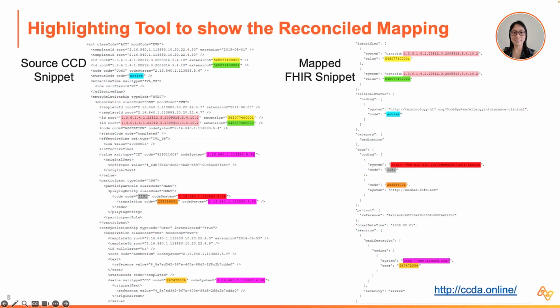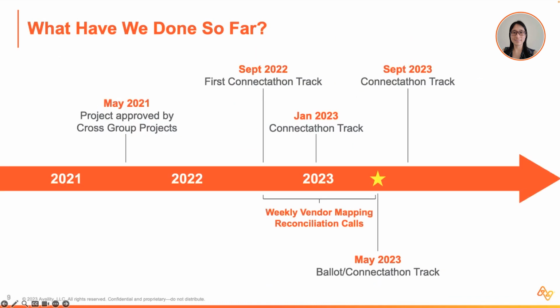The next slide. And in this slide, I have summarized the milestones that we have achieved so far. So the HL7 CCDA to FHIR mapping project was established in May 2021, so a very young group. And in September 2022 is the first time that we introduced this CCDA to FHIR mapping topic to the HL7 FHIR Connectathon.